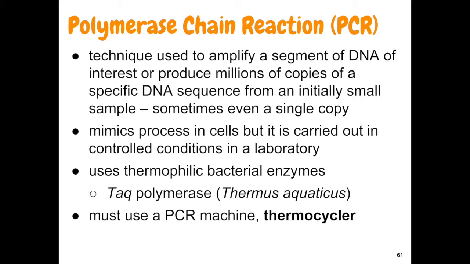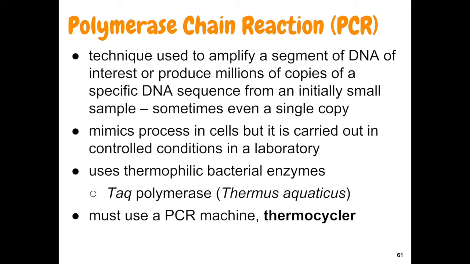The steps that we need to take mimic the steps that are going on inside the cell. And they need to be controlled. The conditions have to be controlled because this is going on in a lab. And in order for them to be controlled, we have to use enzymes that we can control. And we got the enzymes for being able to do polymerase chain reactions from thermophilic bacteria.